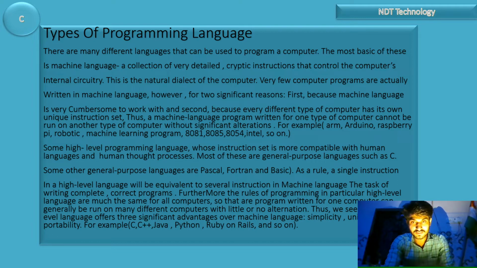All right. So day by day, so many machines are coming in the market, and the circuits are also coming. Assembly line, maybe your car, maybe any object, it belongs to machines and also belongs to the computational world. So simply machine language is a cryptic language, and this is a natural dialect of the computer.